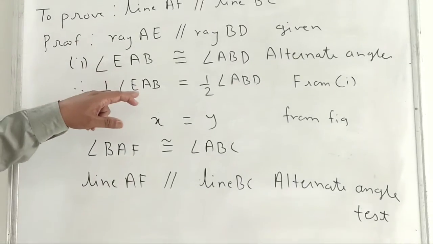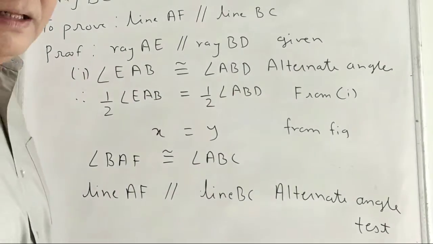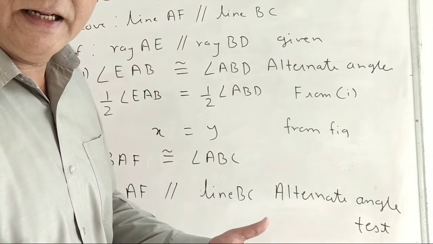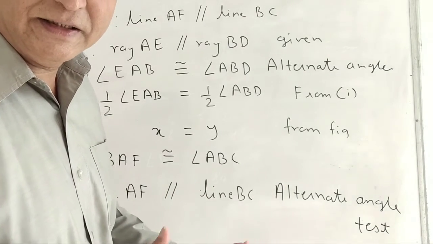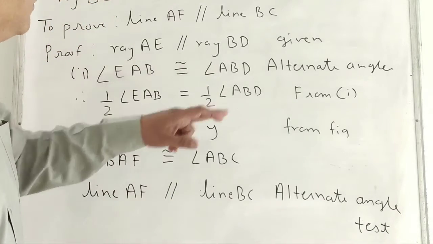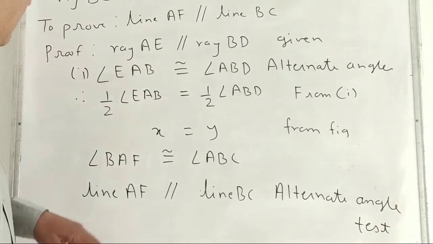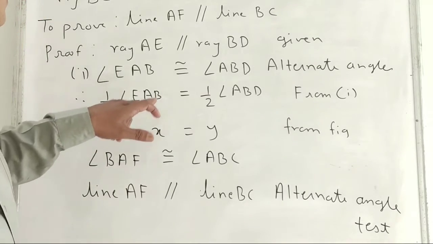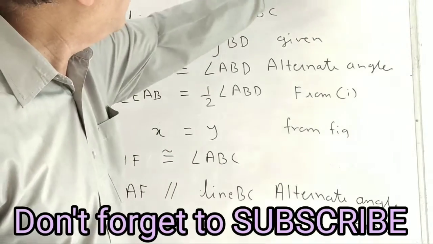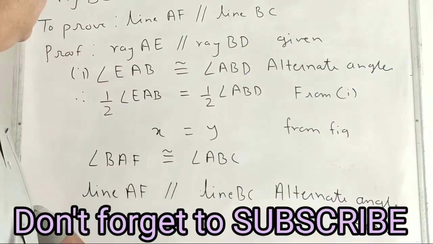So half angle EAB equals half angle ABD, multiplying by half. Right? Linear equation you know, the whole equation you can multiply by half. It makes no difference. But half of angle EAB I am writing as x, and half of ABD I am writing as y.